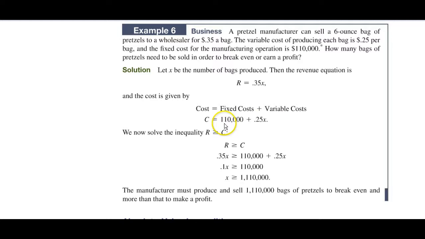Your fixed costs are 110,000, and to make each bag of pretzels, its materials to make that bag is 0.25 or 25 cents. So revenue still is greater or equal to cost. You set it up. So the manufacturer has to sell over 1 million bags, there's the specific number, in order to make a profit.